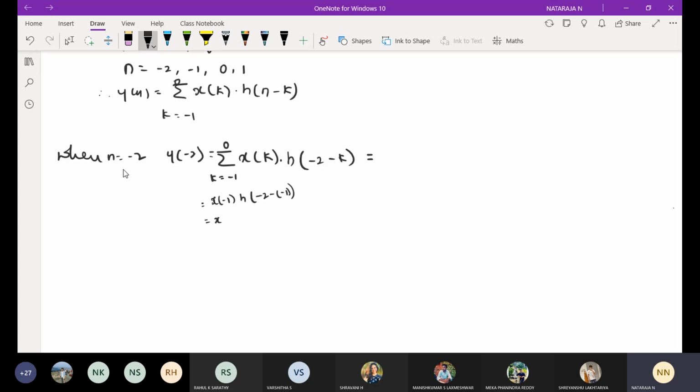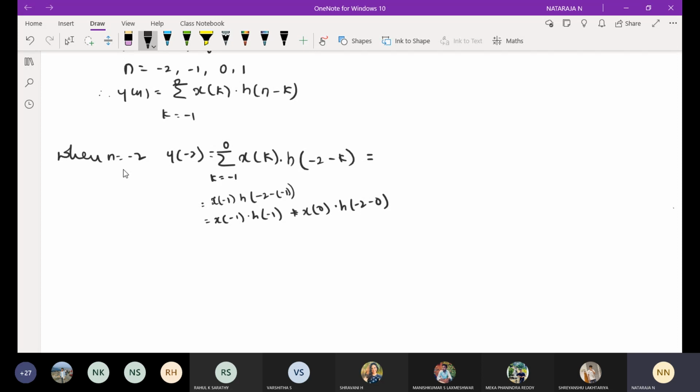Minus into minus is plus, so -2 plus 1 gives -1. Then plus x of 0 into h of -2 minus 0, that is x of 0 h of -2.